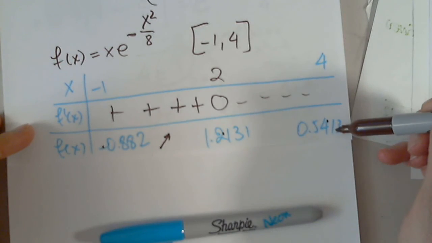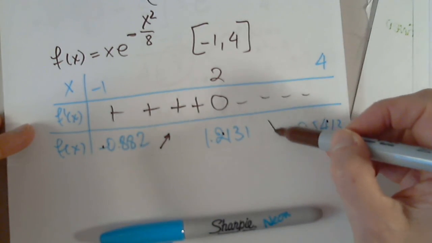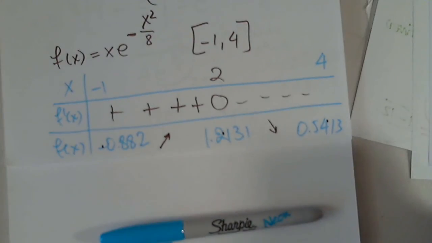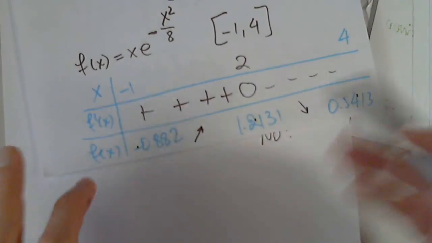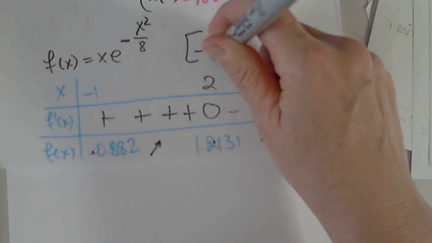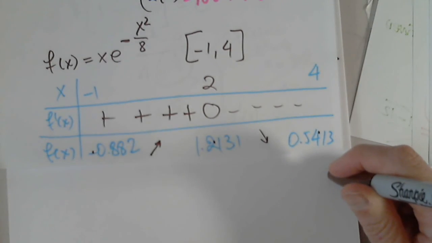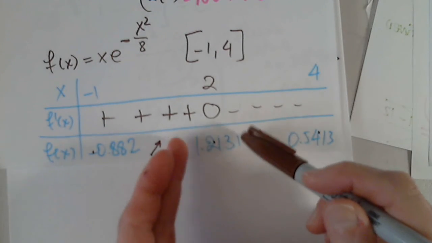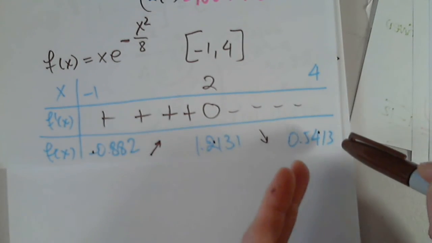From 1.21 to 0.54 is decreasing, and that's supported by the sign of the first derivative. And now I have to make a decision. It happened that it's identical. So this is the absolute minimum, this is the local and absolute max, and this is nothing.